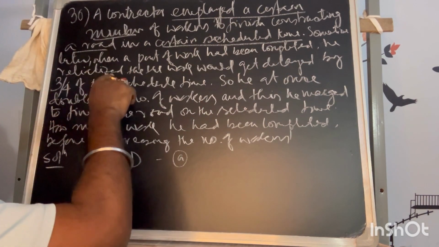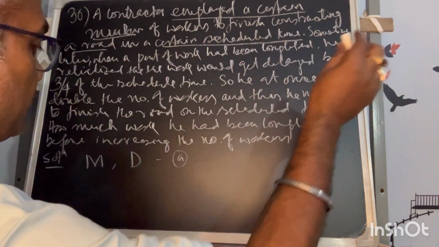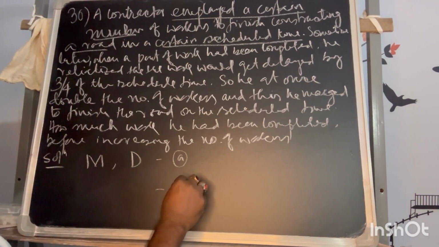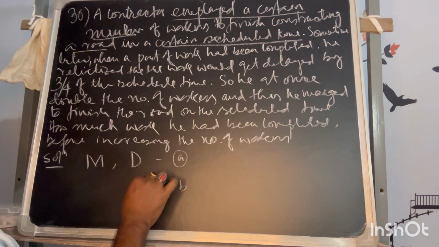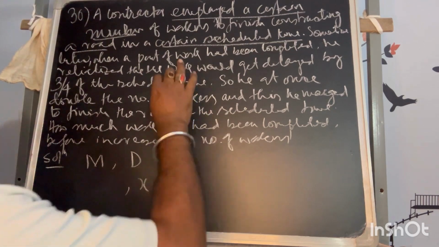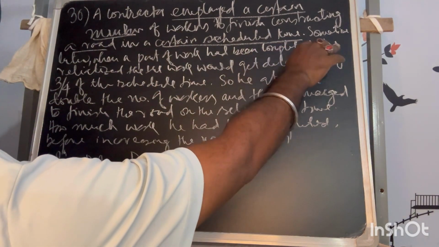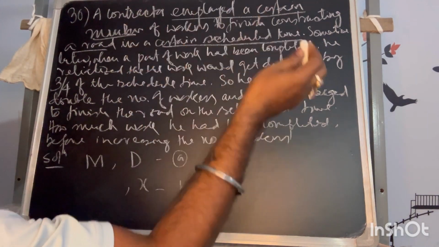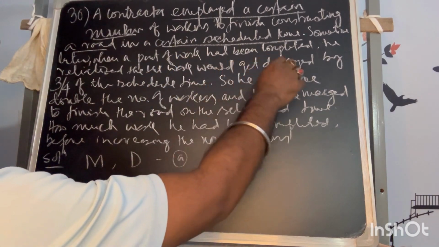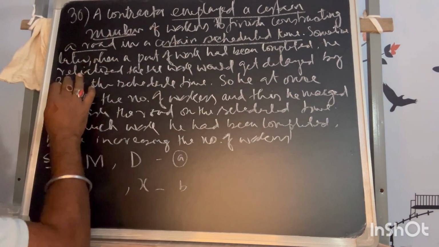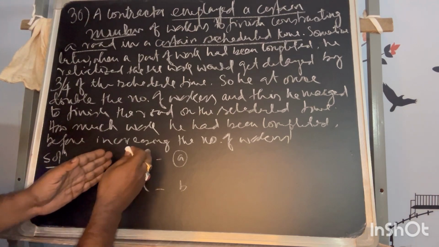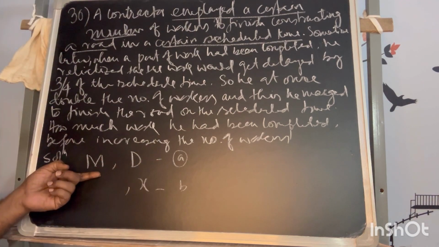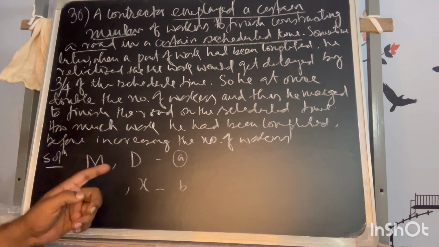Sometime later, when a part of work had been completed, let a part X be completed. He realized that the work would get delayed by 3/4 of the scheduled time. So the remaining job, with this manpower, he will not be able to complete.